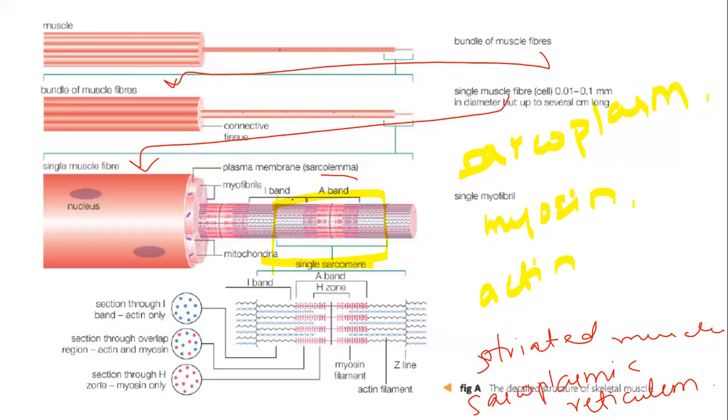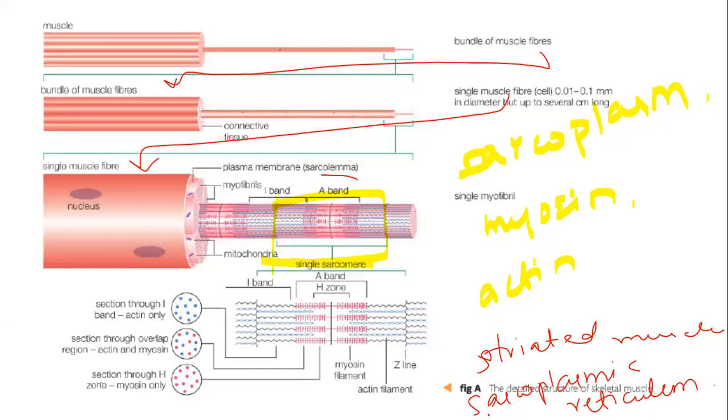The cytoplasm of the myofibril is known as sarcoplasm. The myofibril is made up of sarcomeres, and sarcomeres consist of myosin filaments and actin filaments. And they have a network of tubes known as sarcoplasmic reticulum, which are responsible for releasing calcium ions, right?